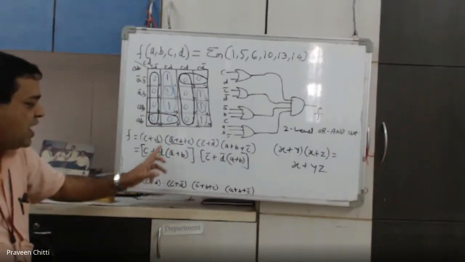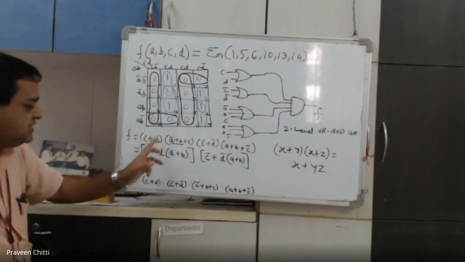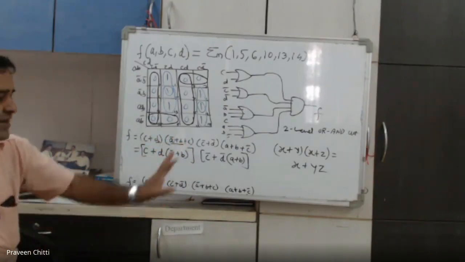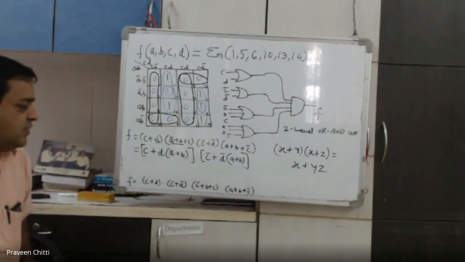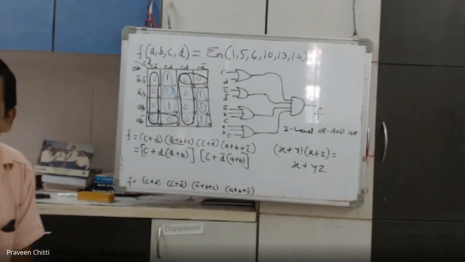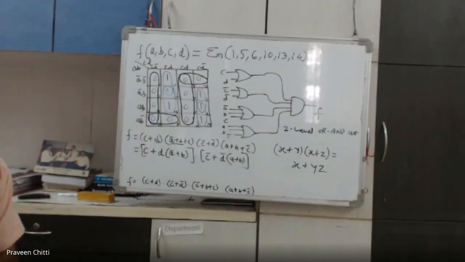C plus Y into Z. So C plus D into A bar plus B. I have not done any change here, just I have used one Boolean property and I have written this. I hope it is clear. Chandan, is that clear now? How we should do the factorization? To do the factorization, you should know all the laws of Boolean algebra, Boolean identities and all.